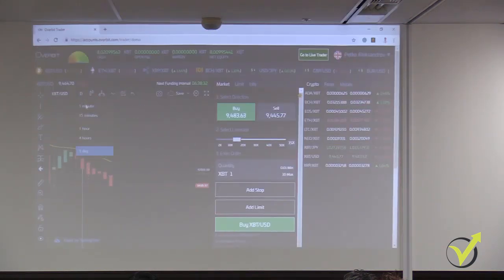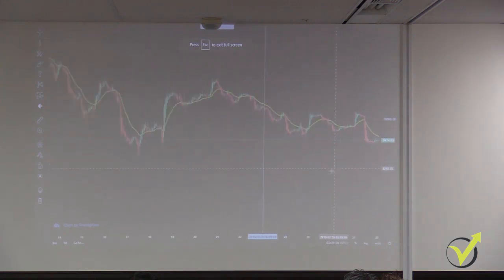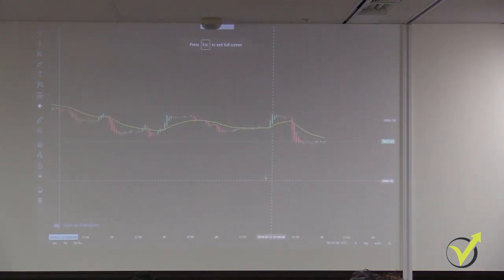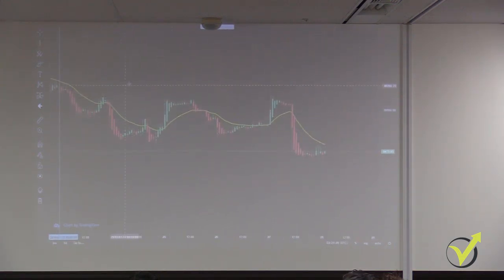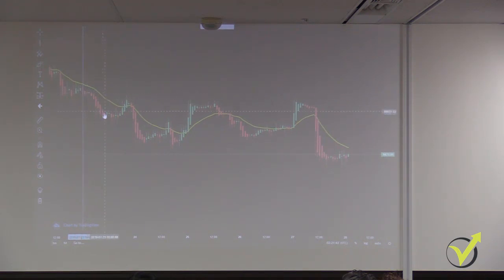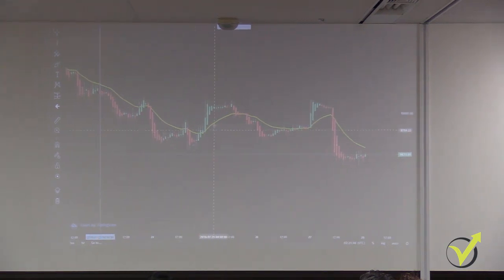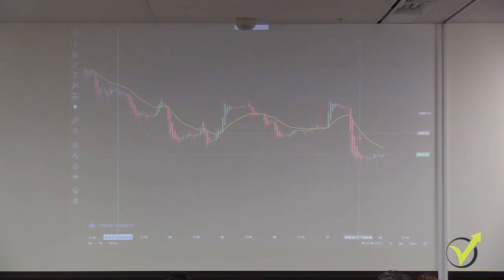This is the daily chart. I go back down to the 1 hour chart and make it full screen. We can sell only when we have these red periods, and also when the price is below the line.